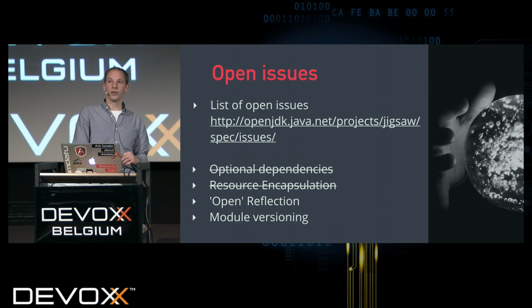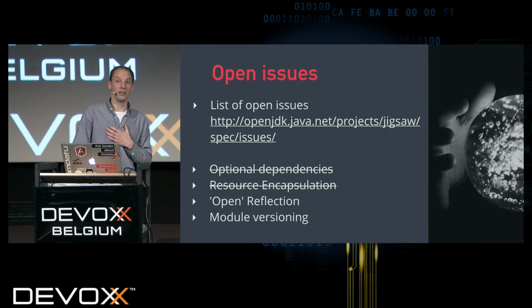Another very interesting one, and something that we also touch upon in the second half of this talk, is reflection. We already saw a little example of that with the JavaFX module that wanted to instantiate our GUI main module, and it couldn't do so because it wasn't exported. So we have lots of frameworks in Java that do use reflection. And we can argue about whether that's a good thing or a bad thing.